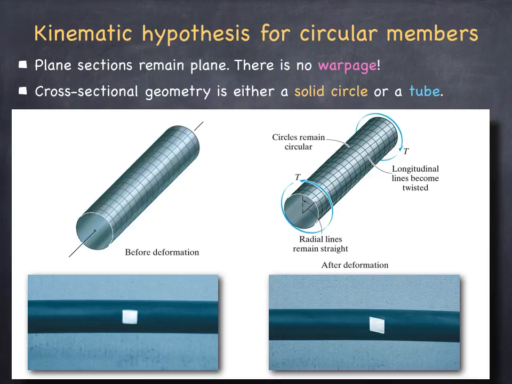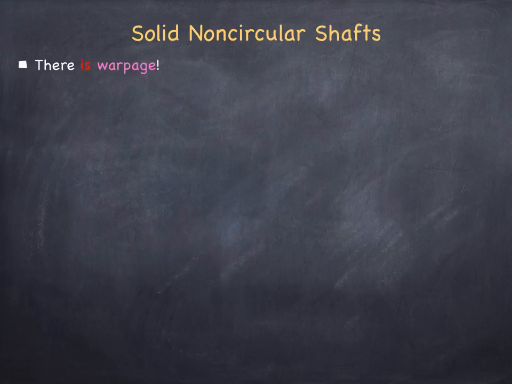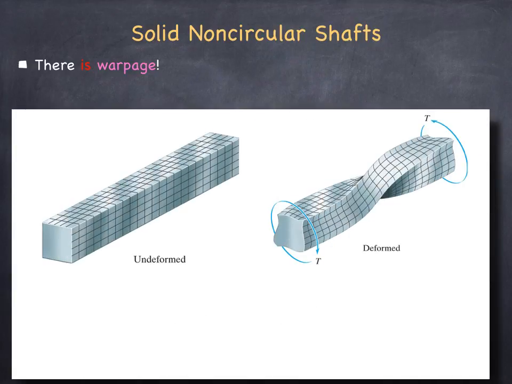If we look at solid non-circular shafts, we see that in real life there is warpage, and the Coulomb hypothesis no longer holds. So here's a similar experiment that you would carry out on a rectangular shaft.